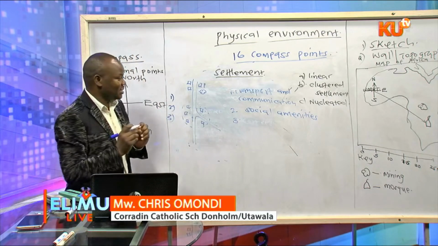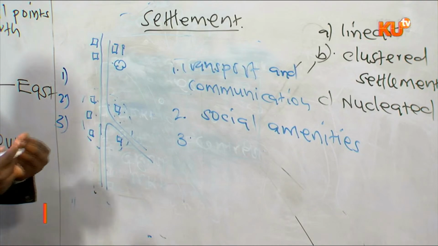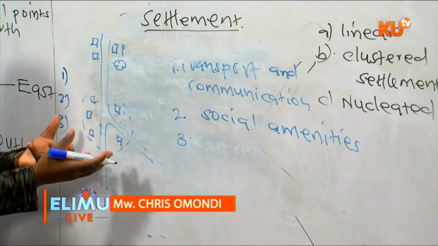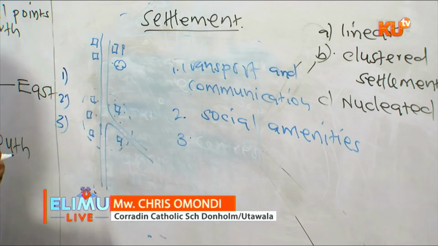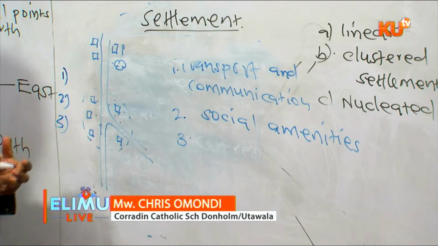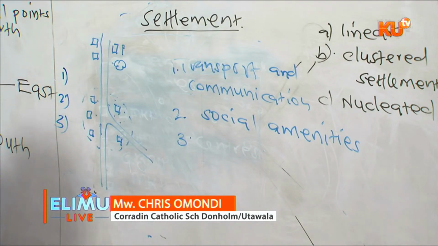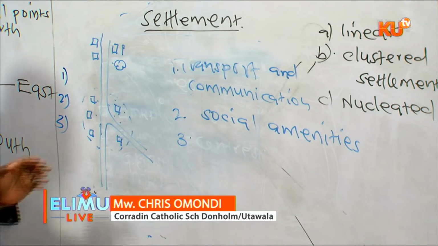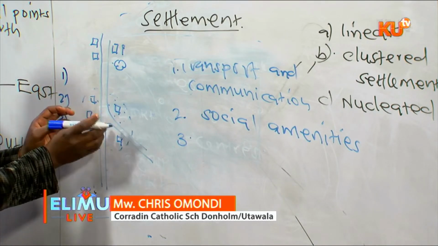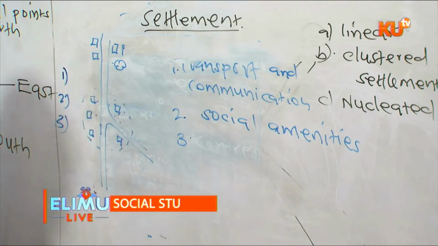I want you to mark that. A road junction can make things develop much faster in an area. When you are tackling questions related to this, it is the road junction. Why are they only concentrated at this part and not at that part?